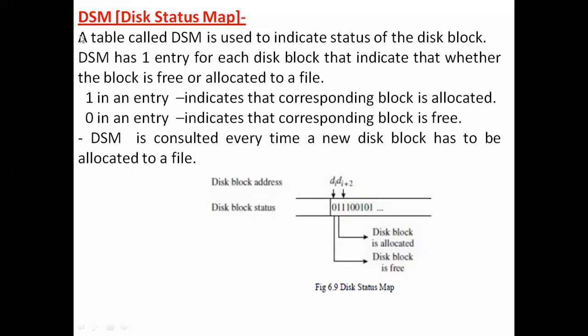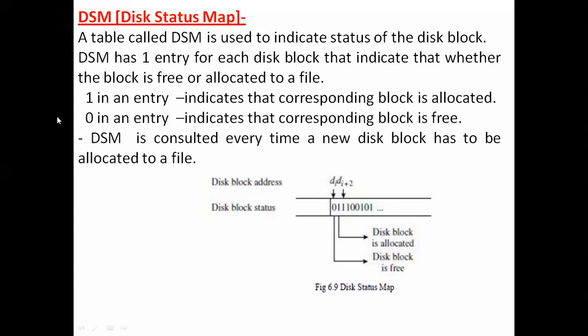A table called a disk status map is used to indicate the status of the disk blocks available on the hard disk. A DSM has one entry for each disk block, indicating whether the disk block is available or the disk space is allocated to a particular file.